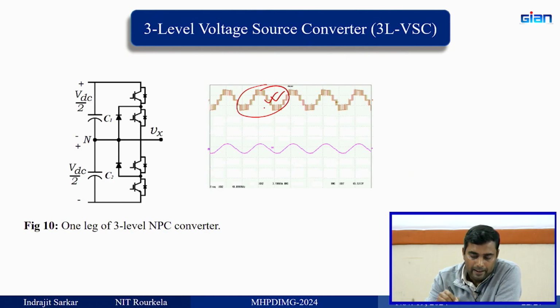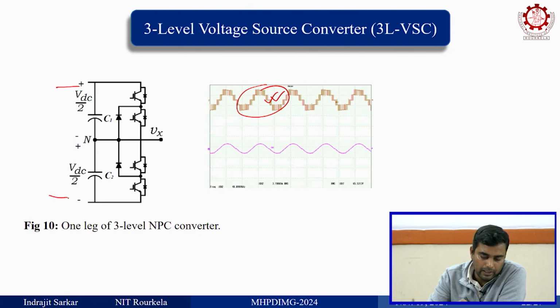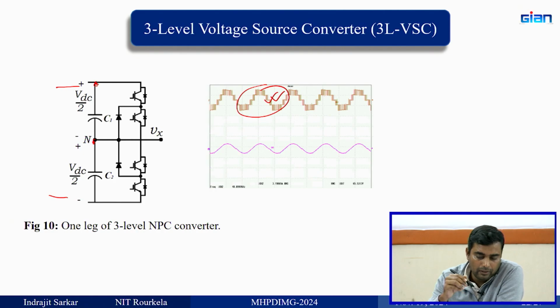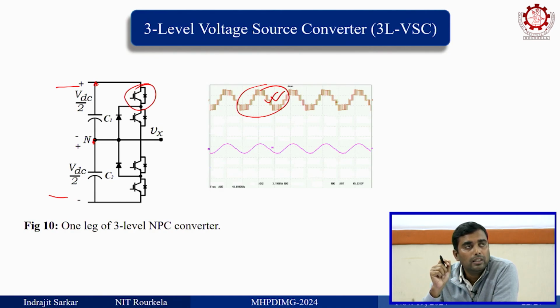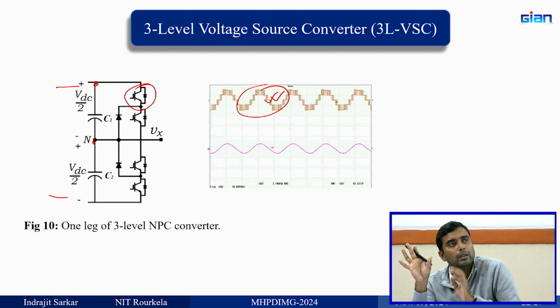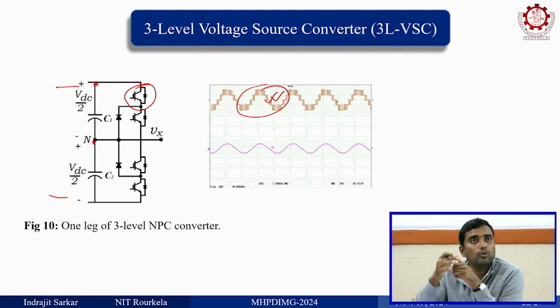The reason is, here you see the total DC link voltage is VDC. So, here this is half the DC link voltage. So, the voltage that this device has to withstand is half the DC link voltage. In order to reduce the voltage across the device, we use a multi-level converter, because the maximum voltage withstood by the power electronic switches available in the market is limited, but we have to go for higher power levels.